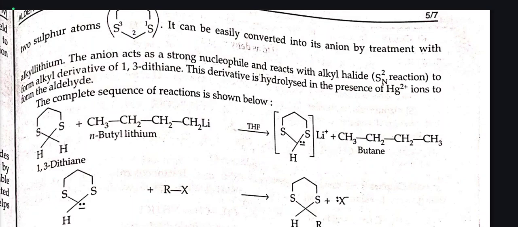The anion acts as a strong nucleophile and reacts with alkyl halide to form alkyl derivatives of 1,3-dithiane. This derivative is hydrolyzed in the presence of Hg2+ ions to form the aldehyde. The complete sequence of the reaction is shown.